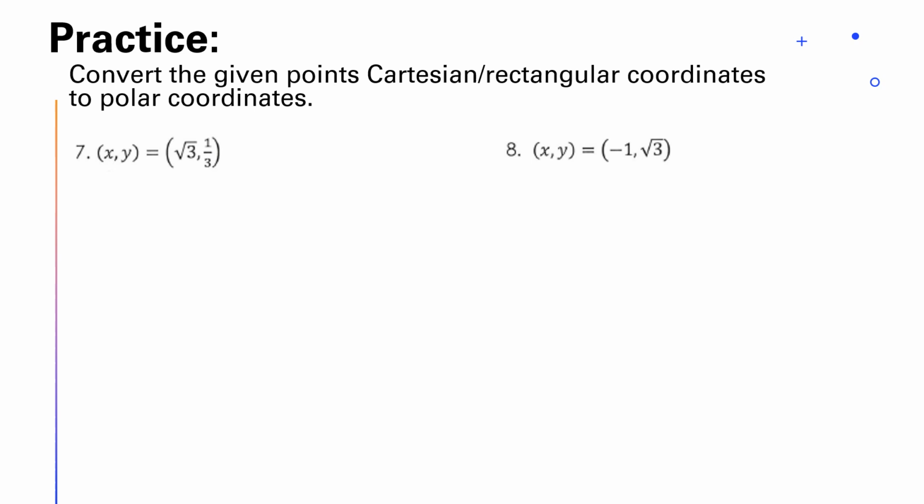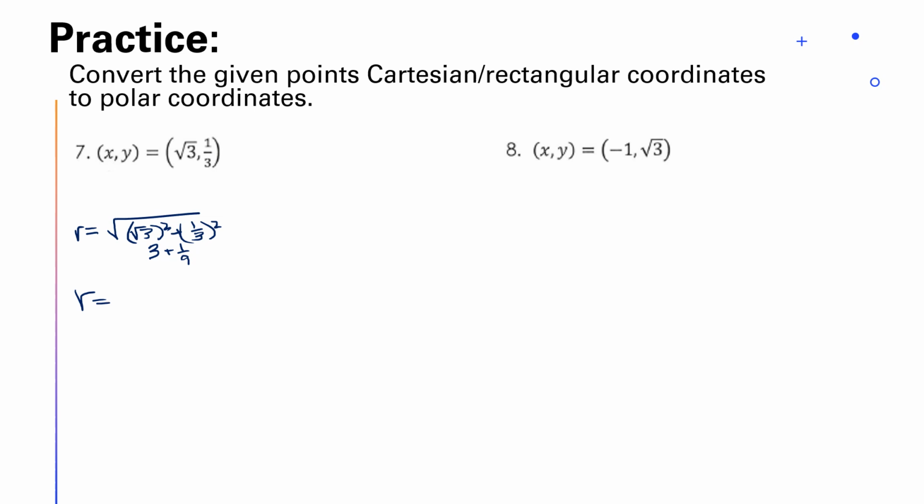XY is the square root of 3 comma 1/3. So my R value is the square root of 3 squared, which is just 3, plus 1/3 squared, which is 1/9. Y'all, let your calculator do that work for you.